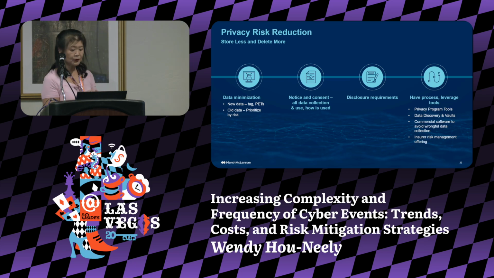There are privacy program tools for privacy setup, not necessarily risk monitoring, but notices, consents, and DSR implementations. There are also data discovery and vault tools. I don't want to name vendors here, but if you want, they're in the notes of my presentation.